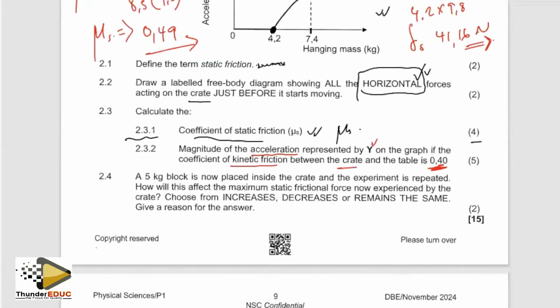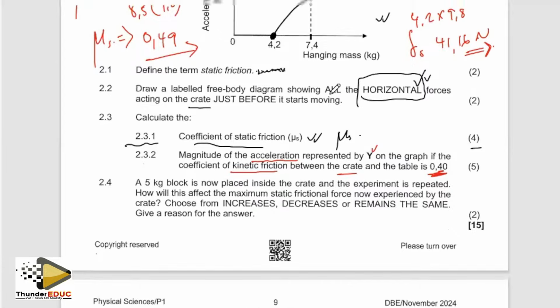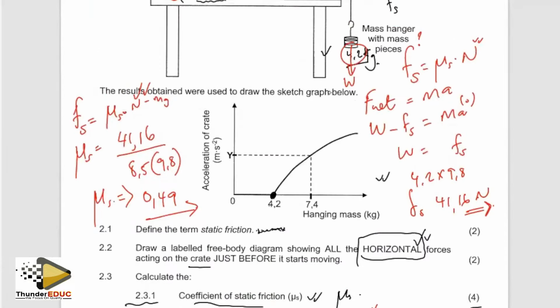So I'll say that my mu k is 0.4. But we know the crate is 8.5 kilograms, and the weight that creates the acceleration is going to be 7.4 overall, which means the 4.2, they kept on adding up until they got to the 7.4 before the motion would start.